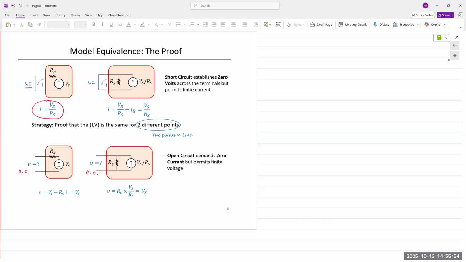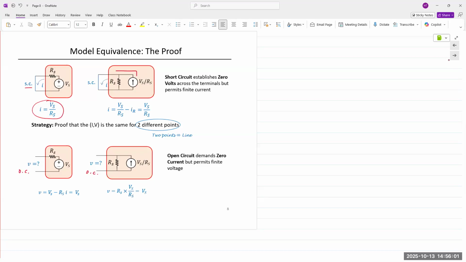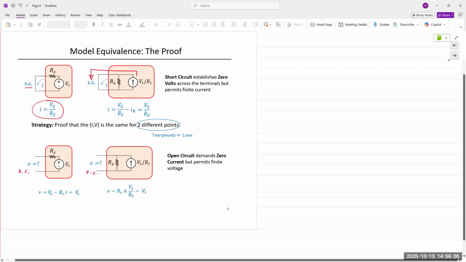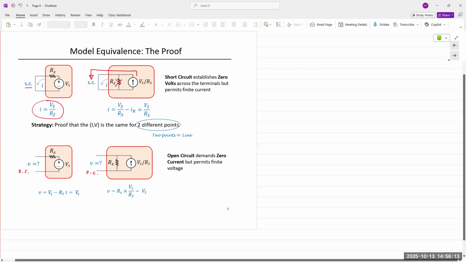On the other side, if we have a current source in parallel with a resistance, when you short it out, what happens? This current has a pathway to go through here. The short circuit has a resistance of 0. That means all of the current is going down that pathway. Nothing will go through Rs.